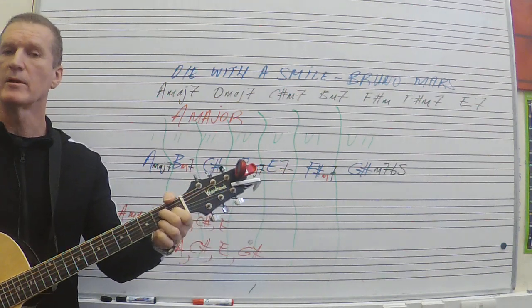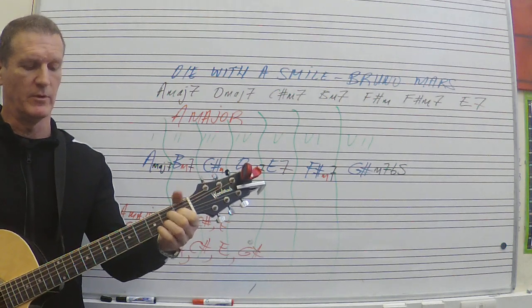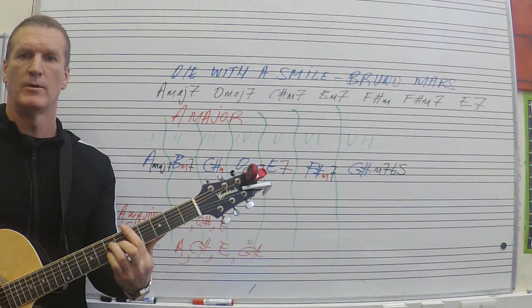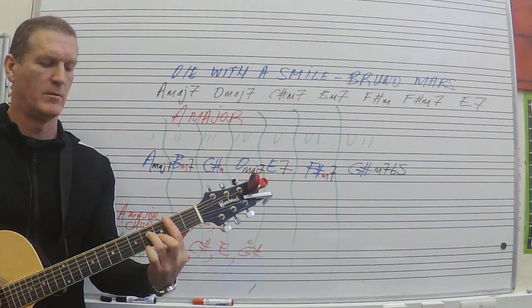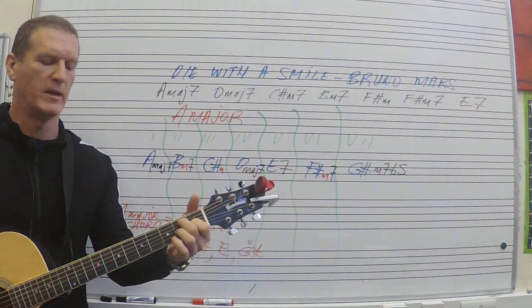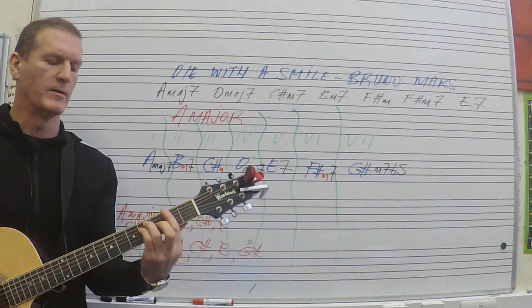So he plays something like this. I've only heard the song about twice, even though the whole world knows it. So something like that, and he goes. I'm playing a bit slower. So I'm going to call the chords out again.